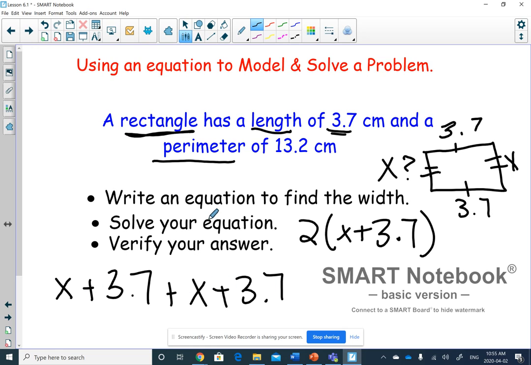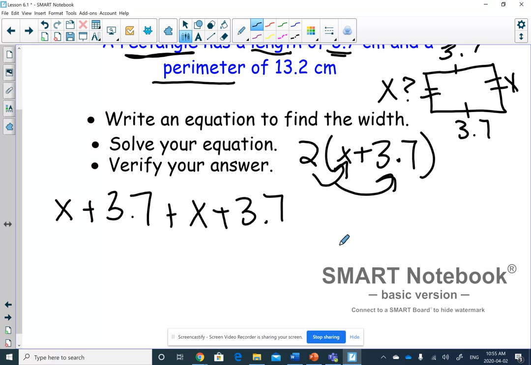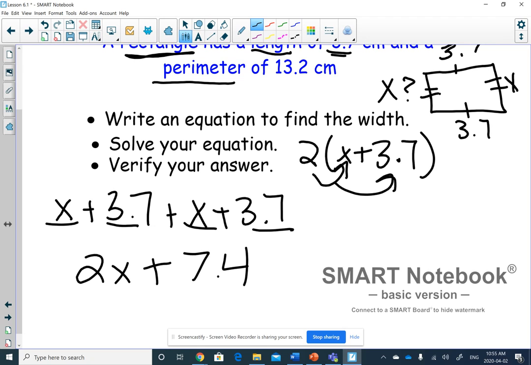I could also write it using the expanded form, which would be 2x, x plus x if I combine like terms, plus 3.7 times 2, or 3.7 plus 3.7, that would give me 7.4. So I could write the equation like this, 2x plus 7.4, or I could write it like this, 2 and then in brackets, x plus 3.7.